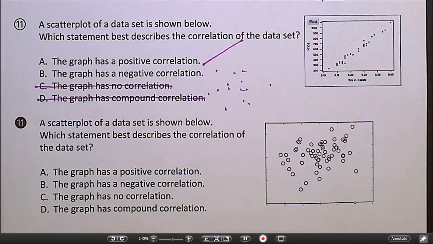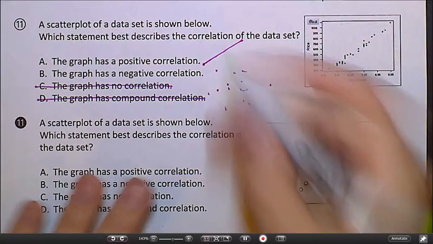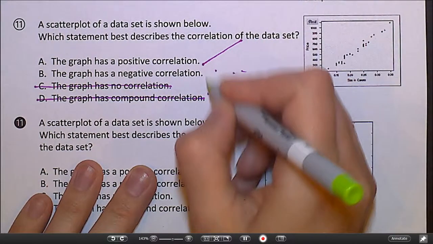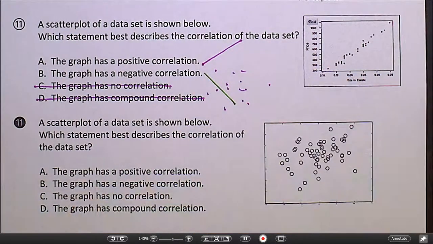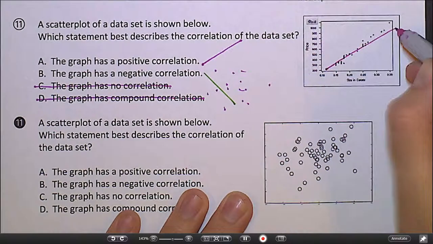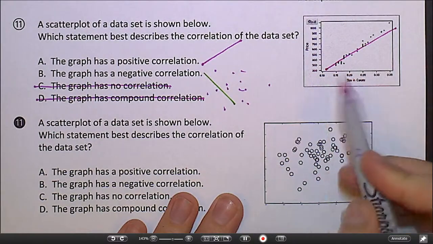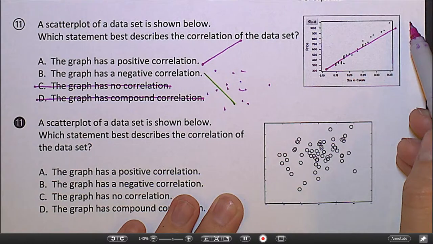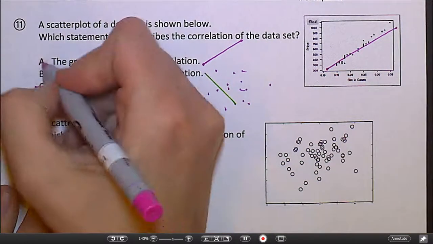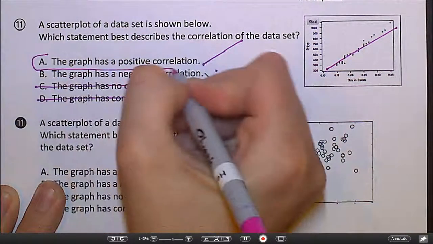Negative goes down as you go to the right. And this one goes up as we go to the right. Okay? So as we move further up, we get higher instead of getting lower. So this would be positive correlation.